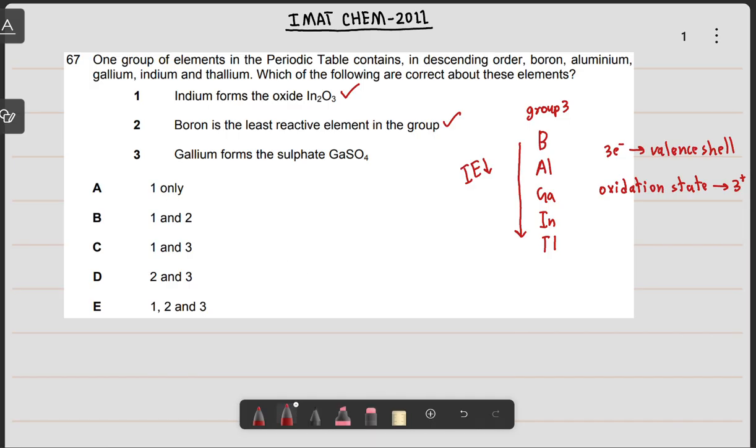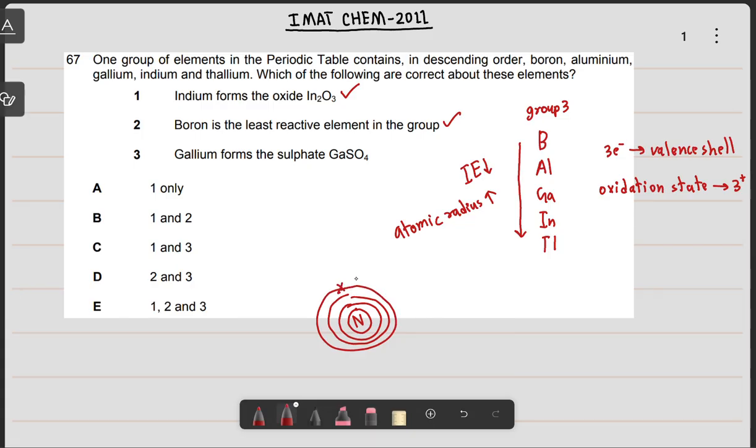As you go down the group, the atomic radius increases because there are more electron shells being occupied. So the atomic radius expands, which makes the valence electron very far from the nucleus. So this is the nucleus, and as you go down the group, there are more and more electron shells.